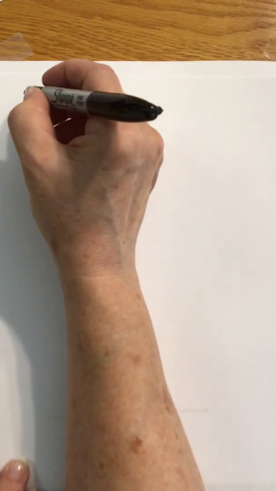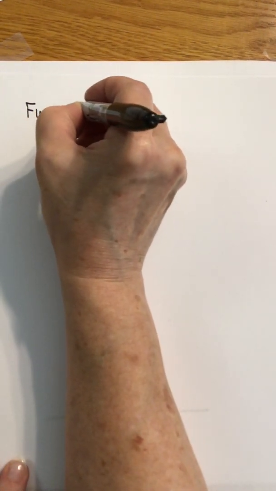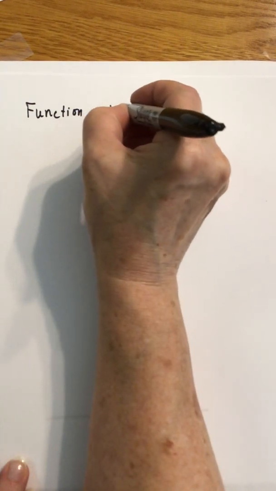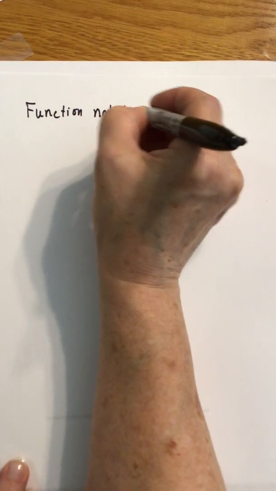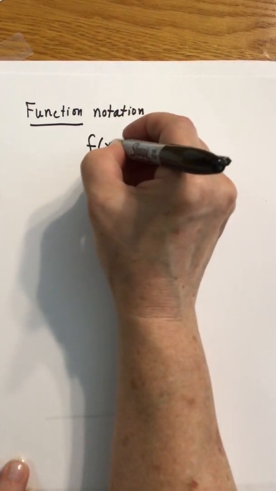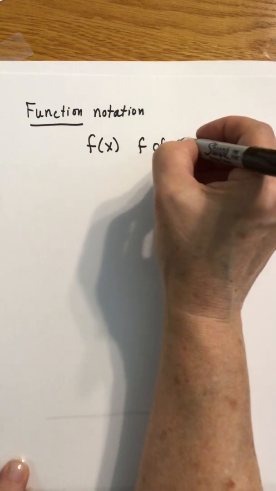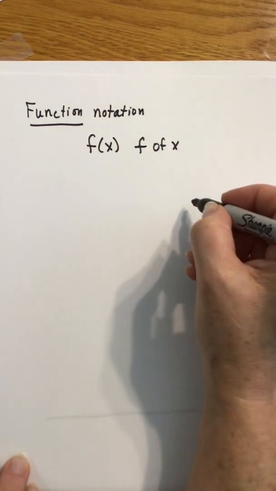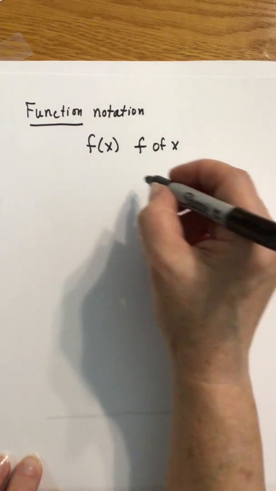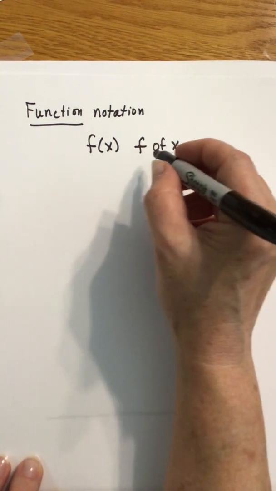So we have to know how we're going to write a function. So we're going to look at function notation. Function notation, we write f parentheses x, and it's said f of x. Now we get confused sometimes because we think this means f times x. This is a name of a function, f of x.